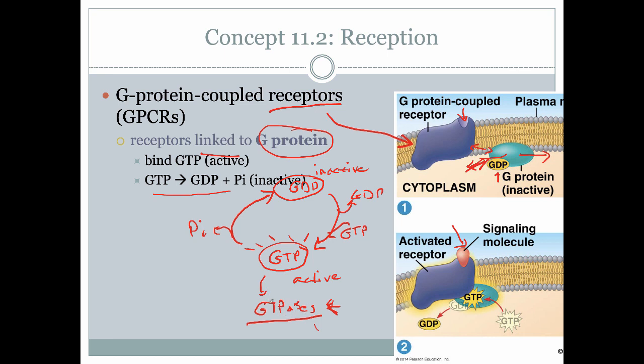What that means is it activates its built-in GTPase activity, and after a few seconds it'll hydrolyze GTP to GDP, and this G protein essentially turns itself off. All right? When it turns itself off, it'll go back to the receptor, and if there is no signal there, it'll stay just inactive. But if the signal is still at the receptor, it can turn itself back on again by the same exact mechanism.